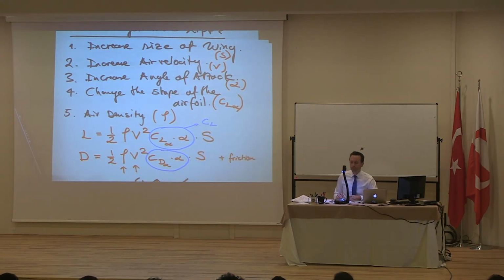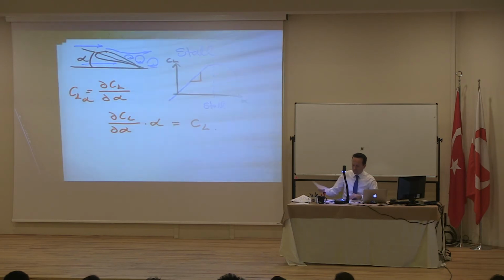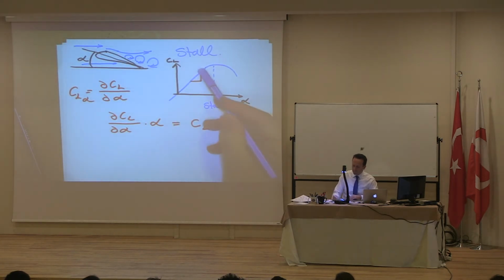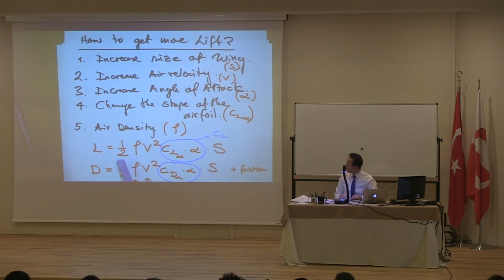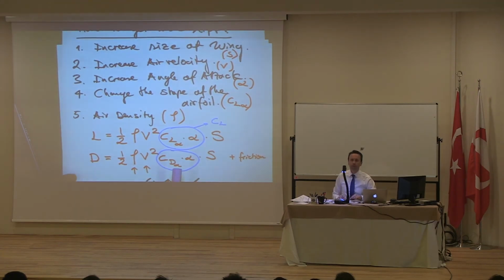Okay? It's the same thing over here. So this is what we call stall. Unfortunately, this CL will slowly drop as stall goes down. Okay? So this is your lift and drag formula, and this is what helps you.